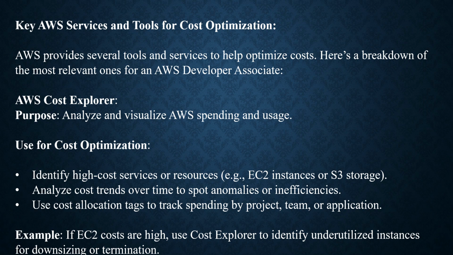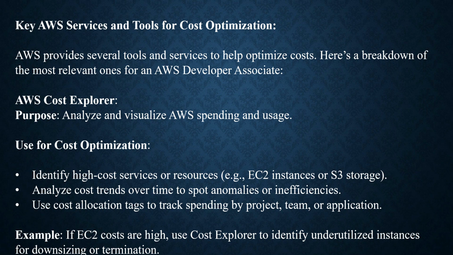The key AWS services and tools for cost optimization. AWS provides several tools and services to help optimize cost. Here's a breakdown of the most relevant ones for the AWS Developer Associate. The first and most important one is AWS Cost Explorer.